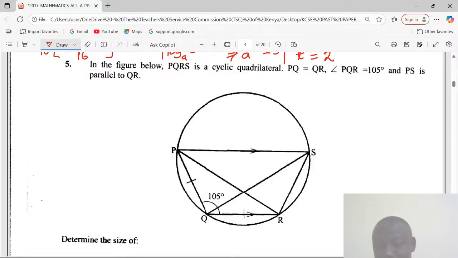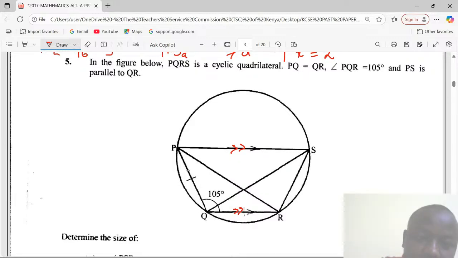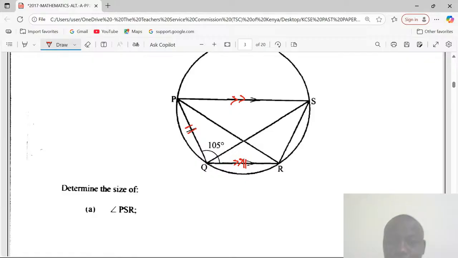Just as you can see indicated, this one is parallel to this one. And again, we've been told PQ is equal to QR. They are equal in length. Then after that, what are we told to do?